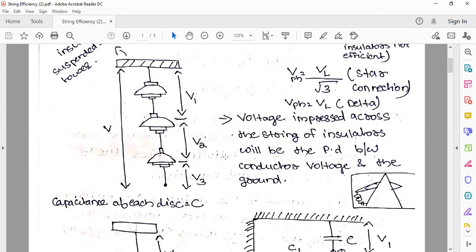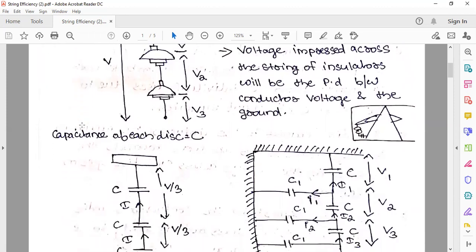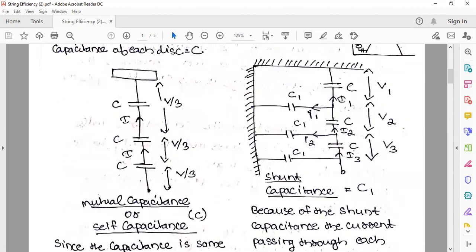Okay. So here we have 3 disks, and the capacitance of each disk will be equal to C. We consider it as C, and the voltage will be equally divided. It will be V by 3, V by 3 and V by 3. So this capacitance is what we call the mutual capacitance or self-capacitance.